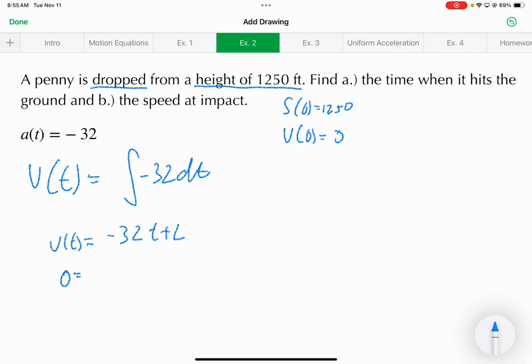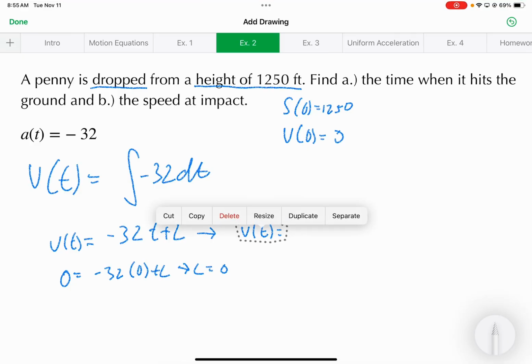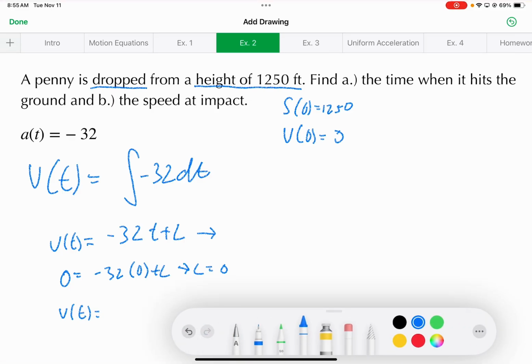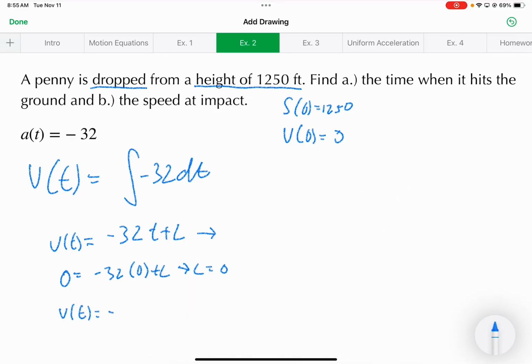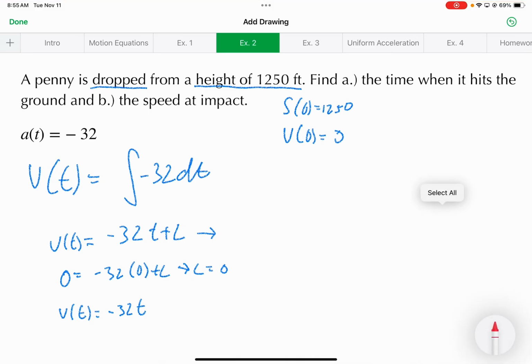So then 0 is equal to negative 32 times 0 plus c, which just gives us that c is equal to 0. So then my velocity function is v of t equals negative 32t. Okay, let's find our position function.